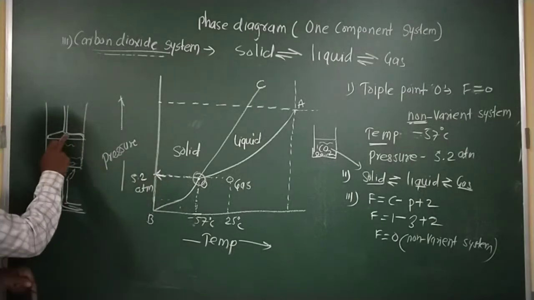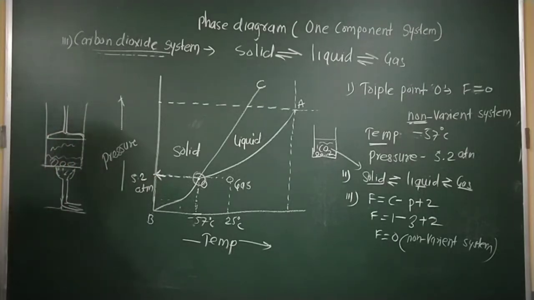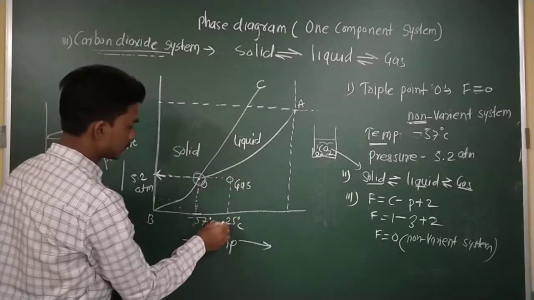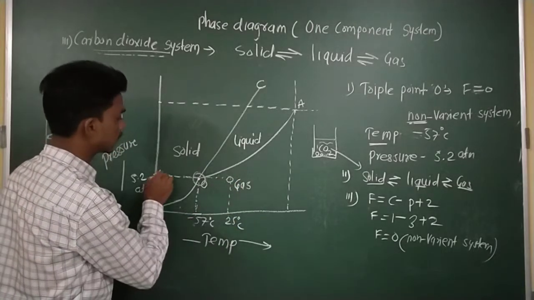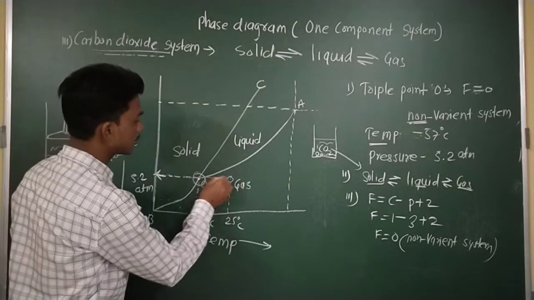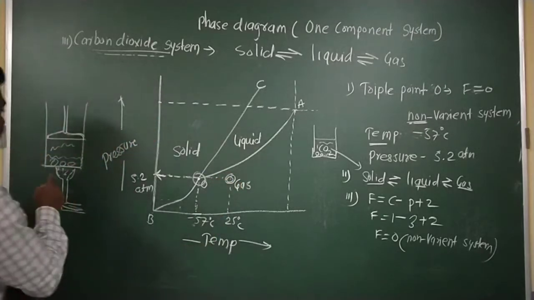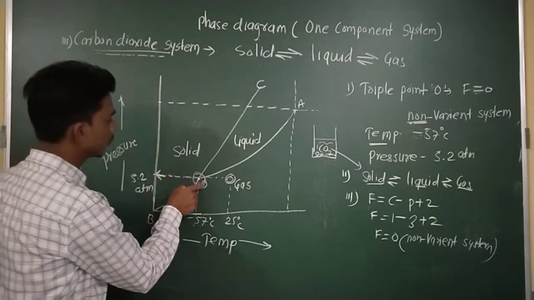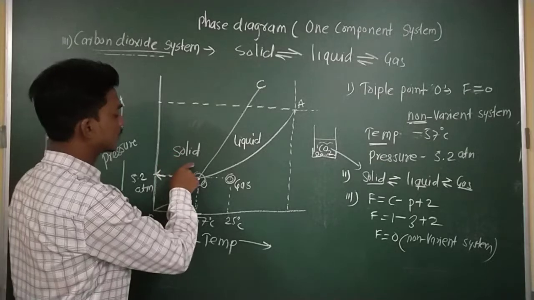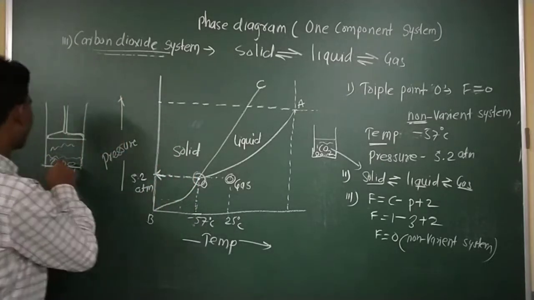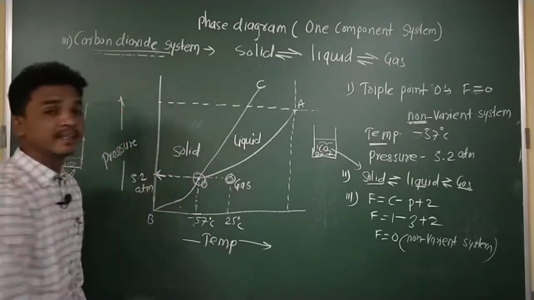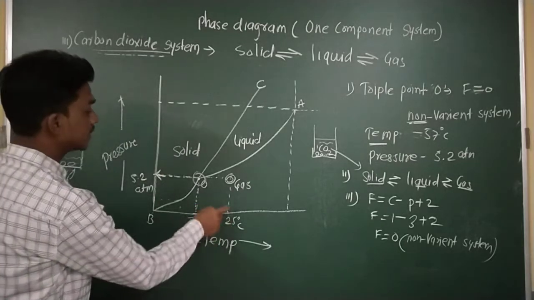What will happen? The carbon dioxide molecules from the point O, all the sample molecules, get converted into gaseous form, because I am increasing the temperature.